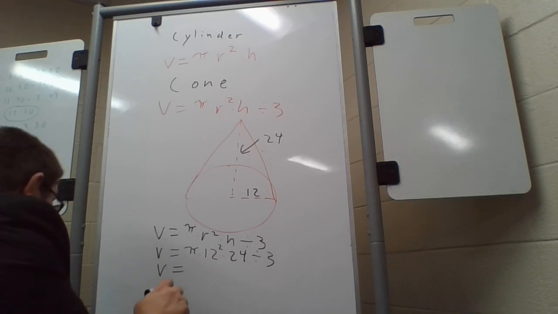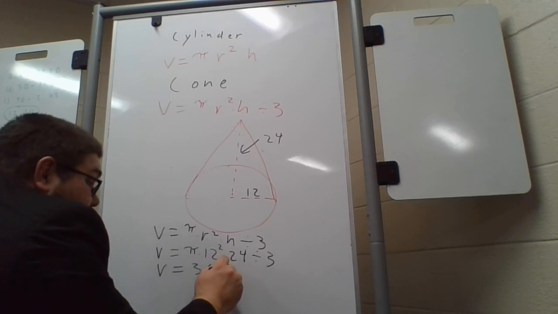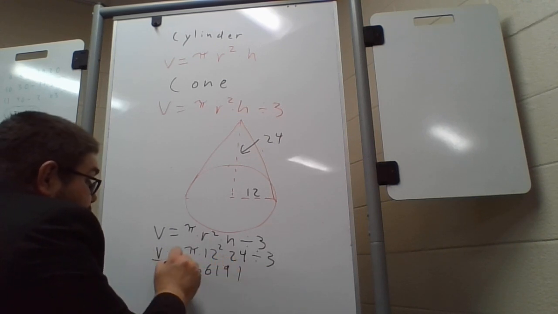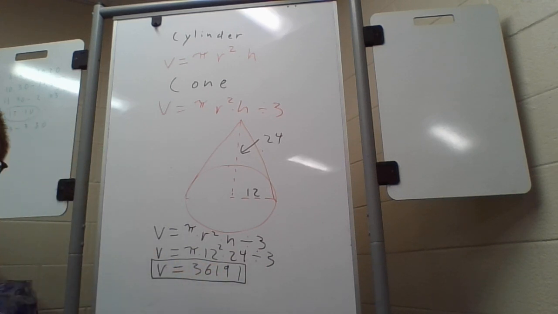This one will give us 3,619.1. Now, if you put this in and you did not divide by 3, you would get a number bigger than 10,000, which would be wrong. Therefore, make sure you divide by 3.